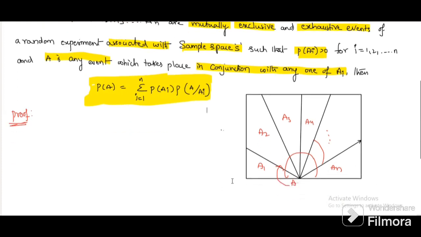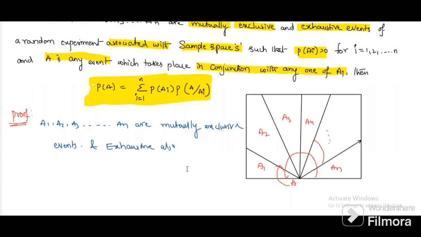Let's see what this statement says. A1, A2, A3, and so on, AN are mutually exclusive events, and exhaustive also.